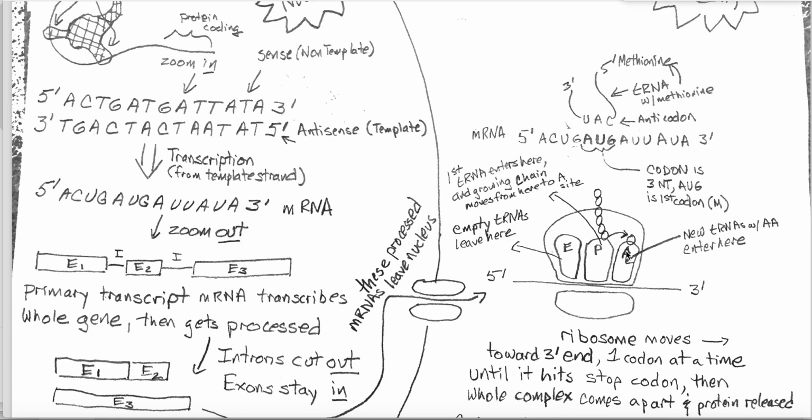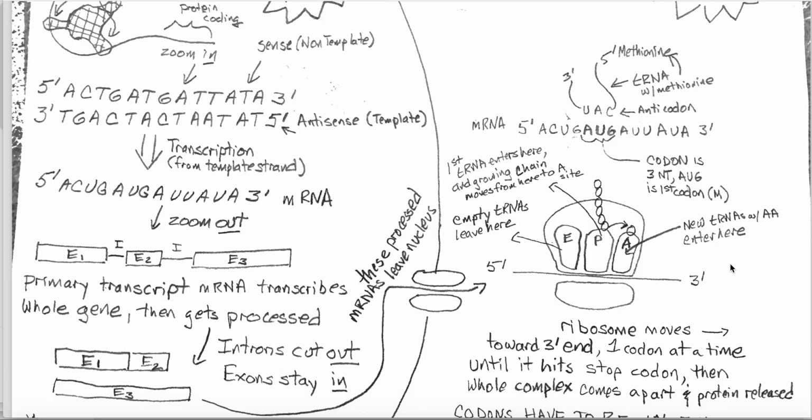What was in the A site moves to the P site, and what was in the P site goes to the E site. So the P site had its amino acid taken off of it. Now it's just an empty tRNA, and it gets ejected. E for eject. Okay? And now this whole 2 amino acid thing gets moved to the P site, and now the A site is empty, and you can read the next codon.